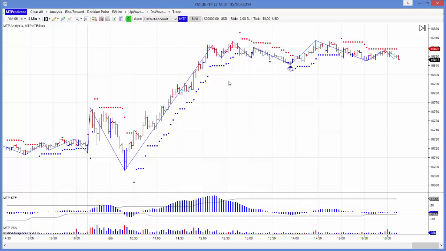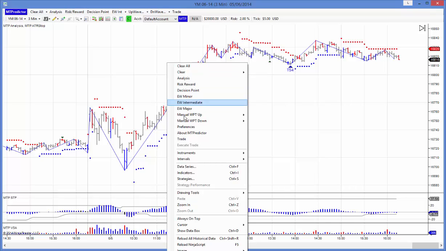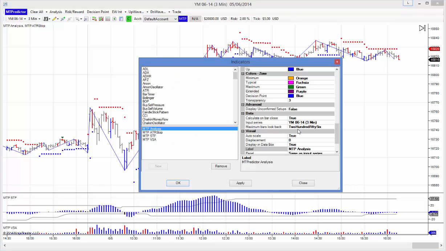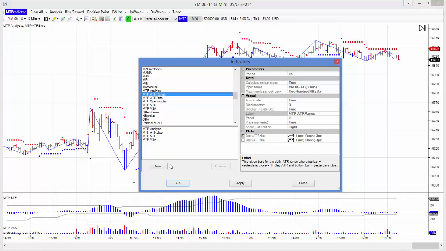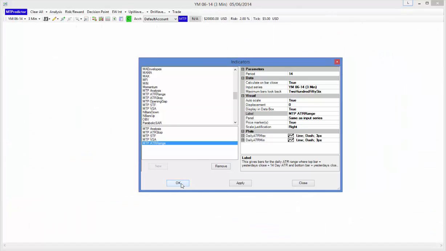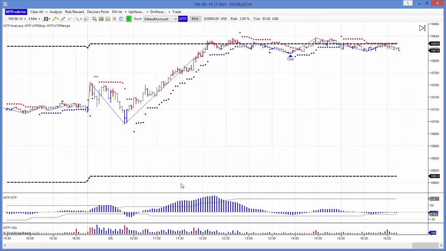Before we start on having a look at that, I just want to show you another indicator that we have in our toolbox here. If I come down to our MTPredictor indicators, we have an ATR range. What this does is calculate the average range the market has moved typically in the last 30 days, and it puts some lines on the chart to give you an area of where the markets may likely find support and resistance.